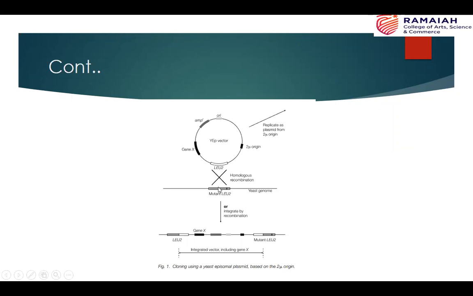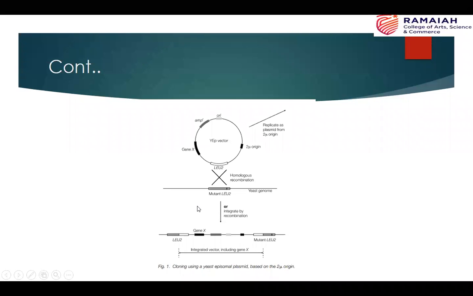So with homologous recombination, this vector can get integrated into the yeast chromosome. Your gene of interest is constructed on this vector, so it will also get integrated into the yeast chromosome. That's how the cloning is carried out using this 2-micron plasmid vector, which is the yeast episomal vector.